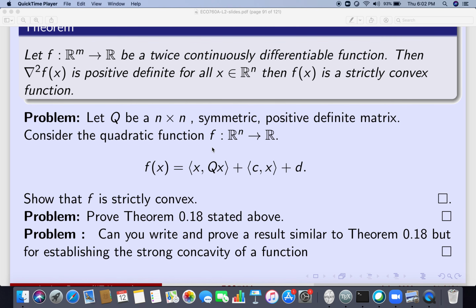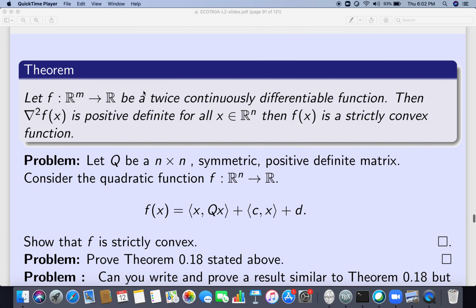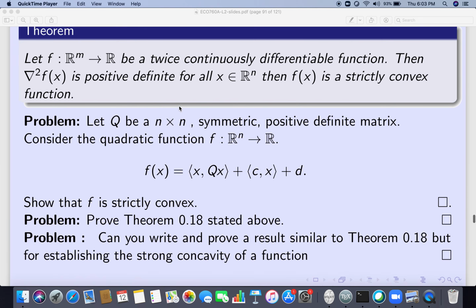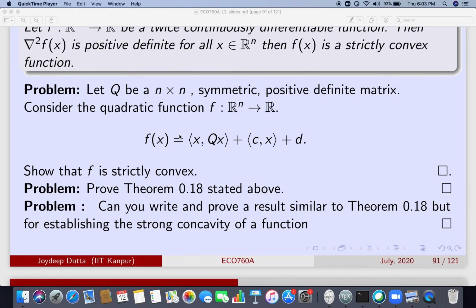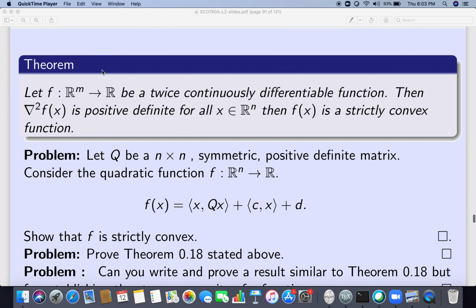It's a very simple problem. You don't even have to use a pen possibly. Then there is a slightly harder problem: to prove the theorem above, Theorem 0.18. And then, can you write a similar result for concavity of the function? Strict concavity: how do you determine the strict concavity of a function?